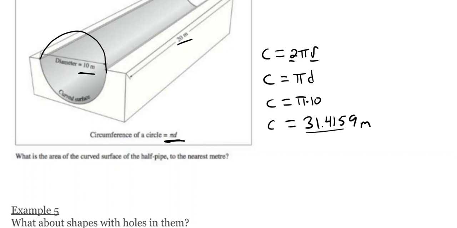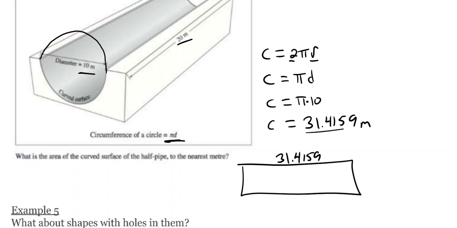Okay, and then the height, right? What we just found there, of that rectangle, the circumference is the top. So that's 31.4159. And then the height of our cylinder is 20. So that would be 20. I guess this isn't to scale, but you get the idea here, right?